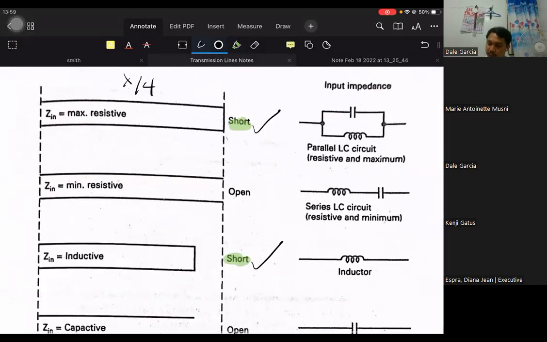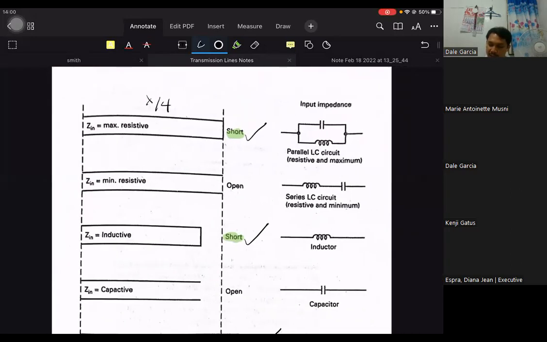We know from Circuits 2 that the reactances cancel out, which is why only the resistance remains. Hence, it is a purely resistive line of maximum resistivity, or maximum resistance.